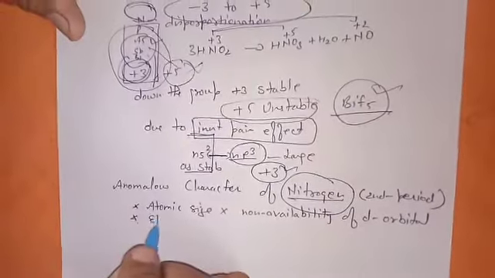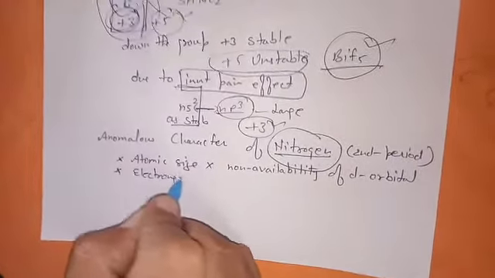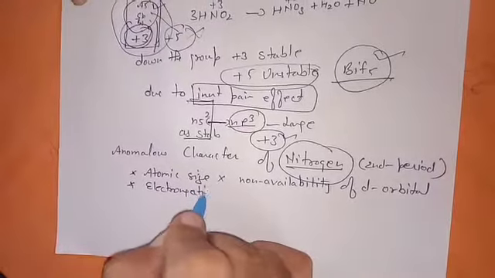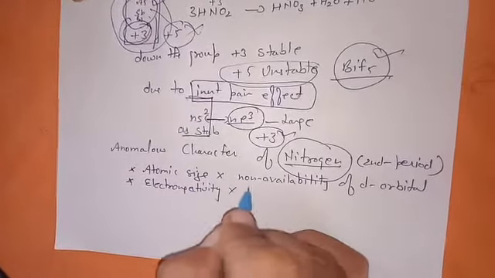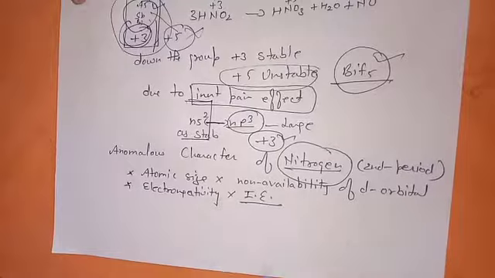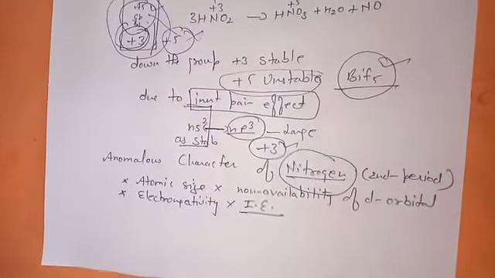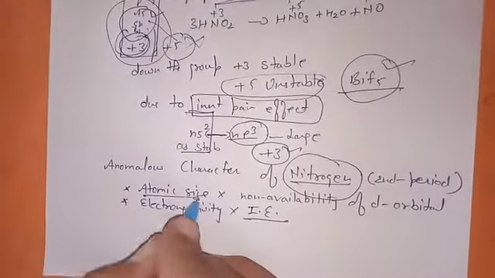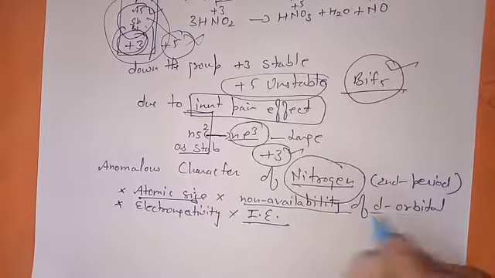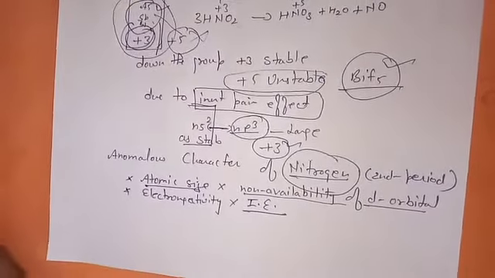Another responsible factor is electronegativity, which is high, and ionization enthalpy is also a reason, because it has very high ionization enthalpy. These two factors are quite governing to the fact that nitrogen shows a different character.